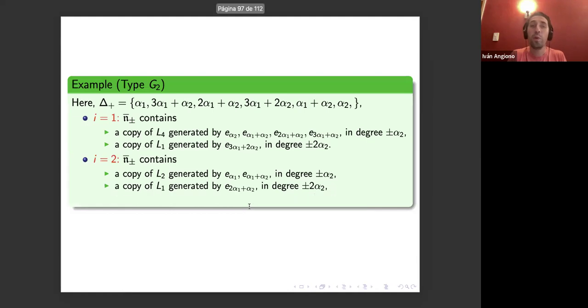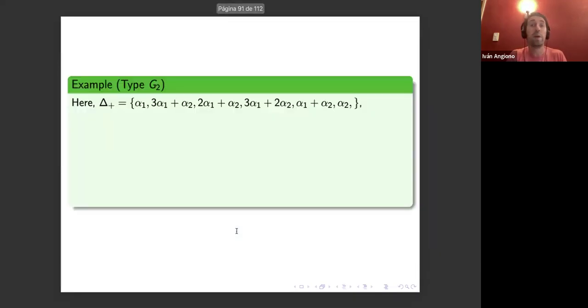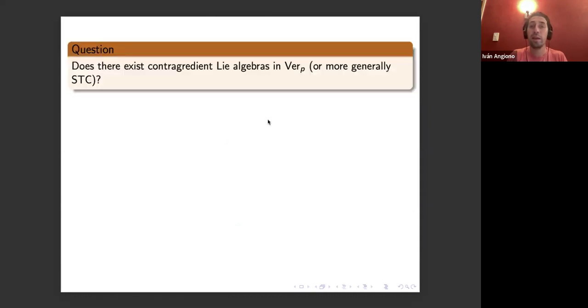Okay, when we saw the previous, let me go back to this slide, that we have some maximal quotient, some bilinear form, and so on, we said, okay, maybe there is a notion of contragredient Lie algebra or Kac-Moody algebra, let me say, in a general setting. And the surprise was that we can define it a bit more generally for symmetric tensor categories.